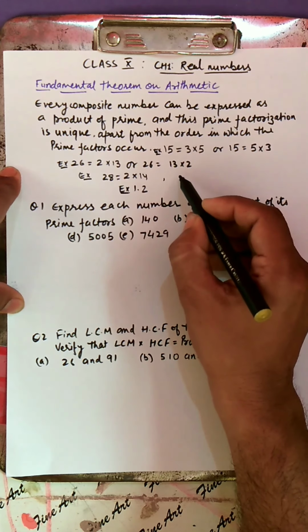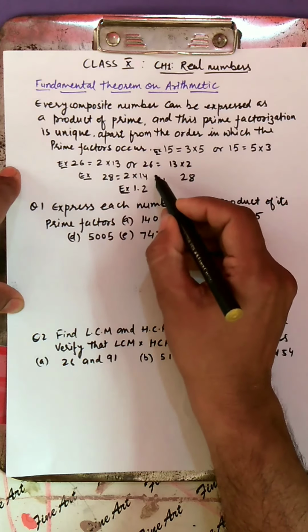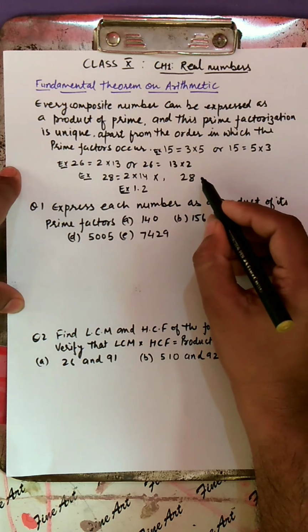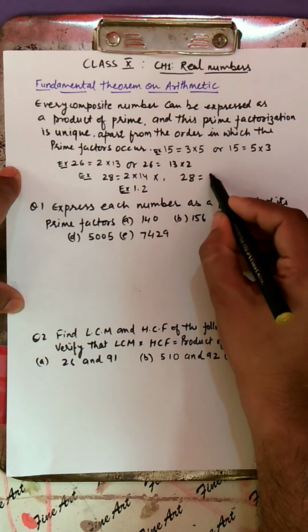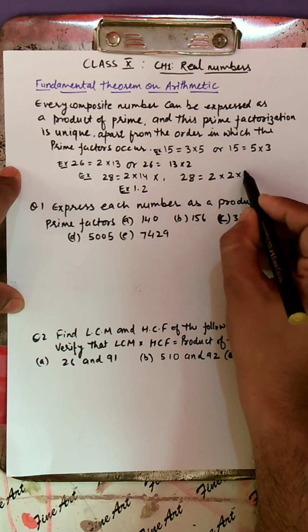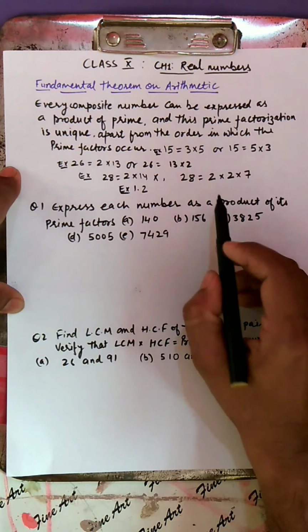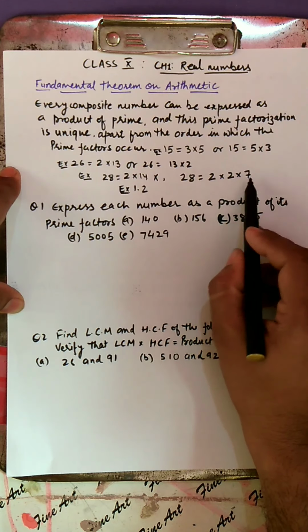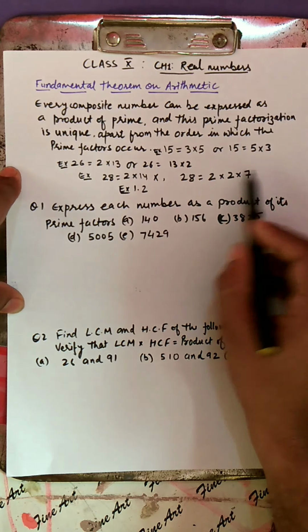So this is wrong, and the correct one is 28 equals 2 into 2 into 7. You can see that all the factors are prime, and the order can be changed.